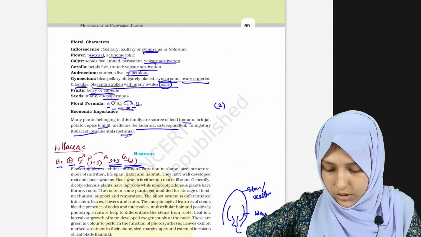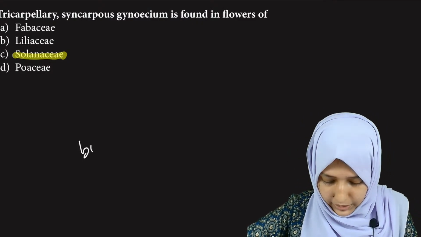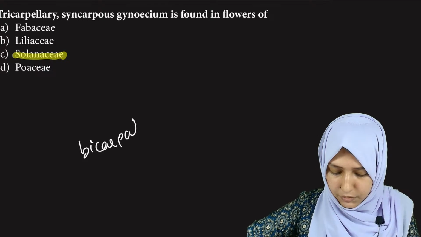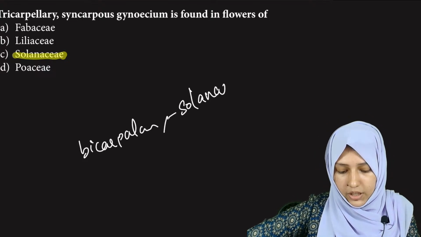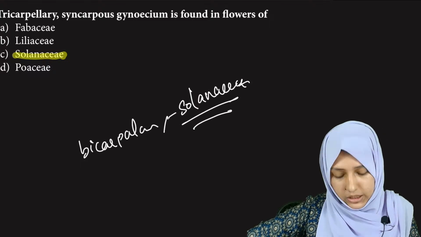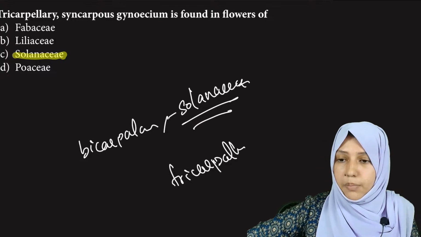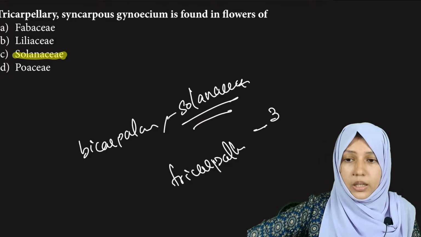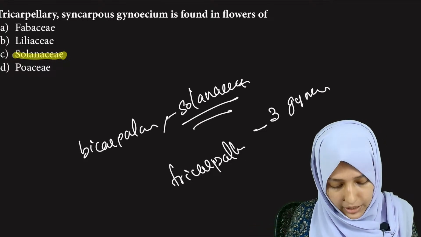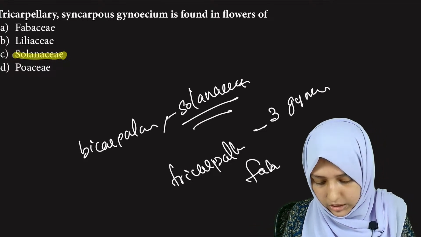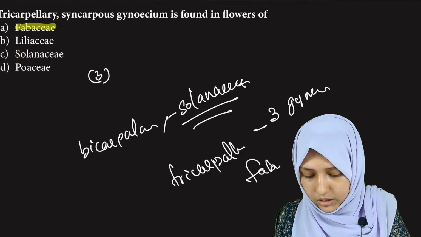If it was bicarpellary, it was Solanaceae, because Solanaceae is having 2 carpels. But if it is tricarpellary, which means there are 3 carpels, then it is Fabaceae. So the answer is option A.